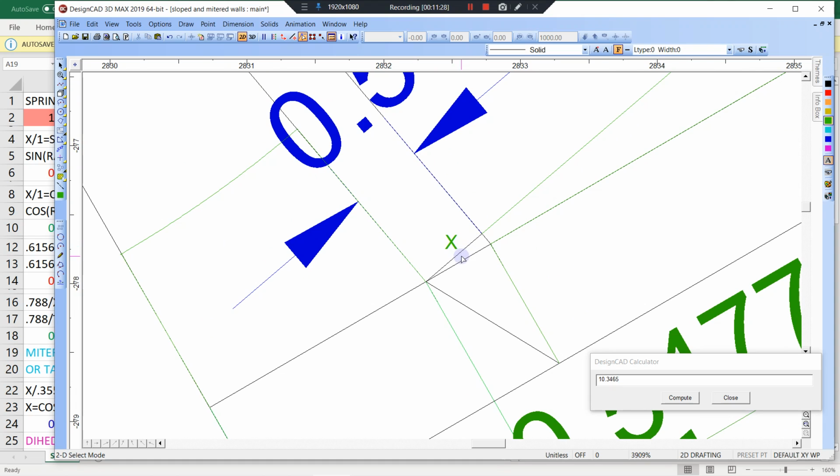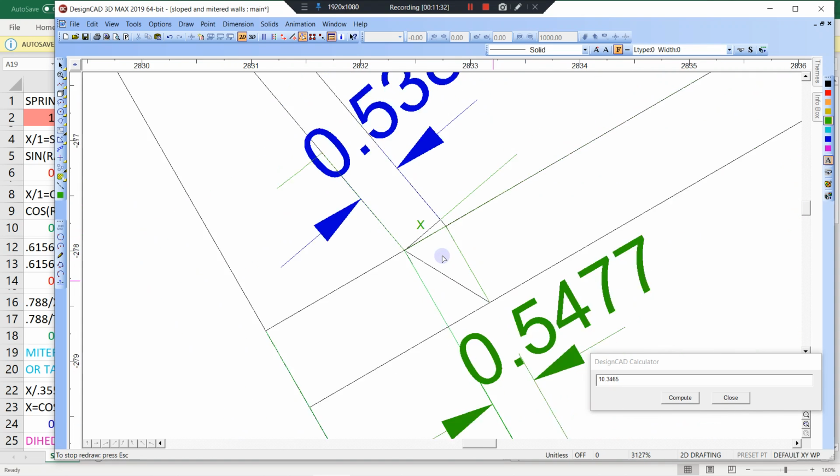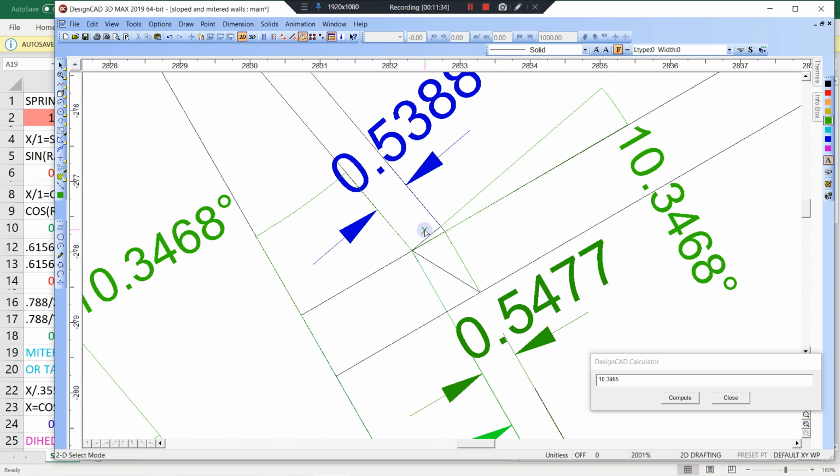Looking for that little thing here. We have this dimension. So that dimension is 0.5477. So X over 0.5477 is cosine of 10. So X divided by 0.5477 is equal to the cosine of 10 point.